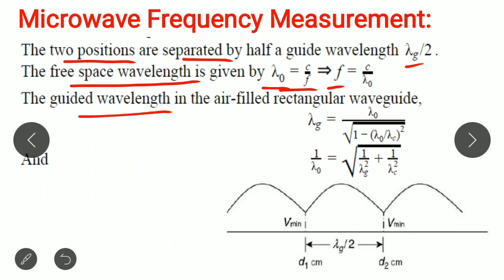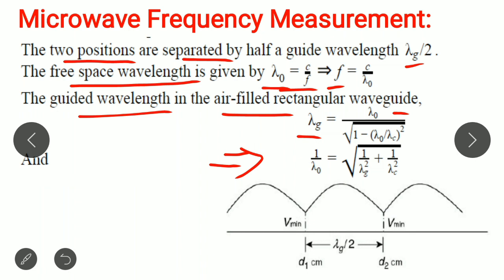The guided wavelength in an air-filled rectangular waveguide is given as lambda g equals lambda 0 upon under root 1 minus lambda 0 by lambda c whole square, and from this we can find lambda 0 as 1 upon lambda 0 squared equals 1 upon lambda g squared plus 1 upon lambda c squared.